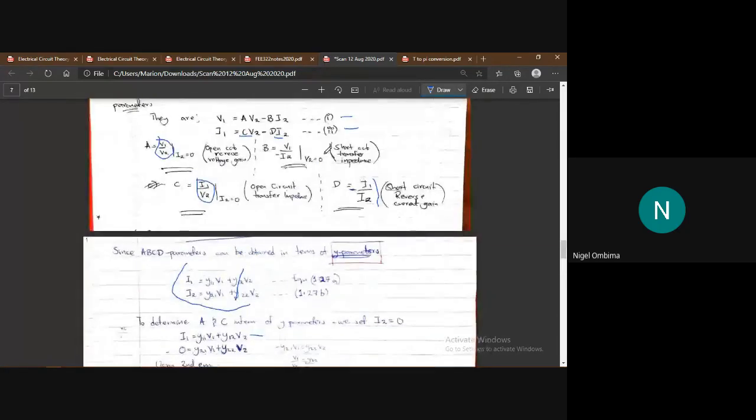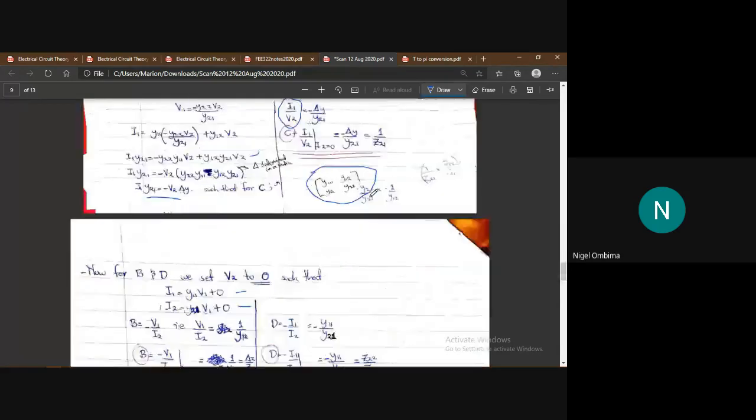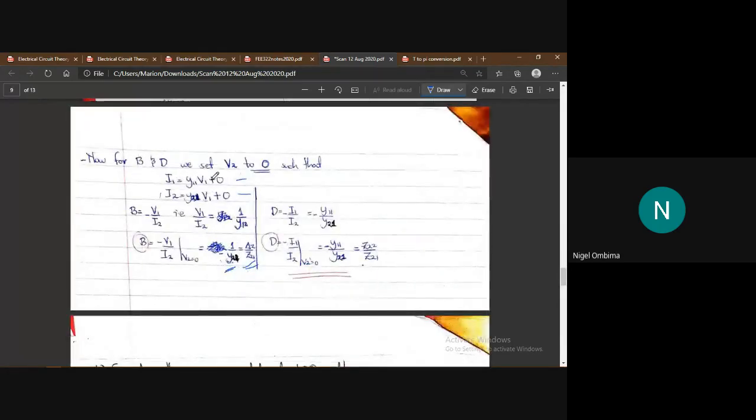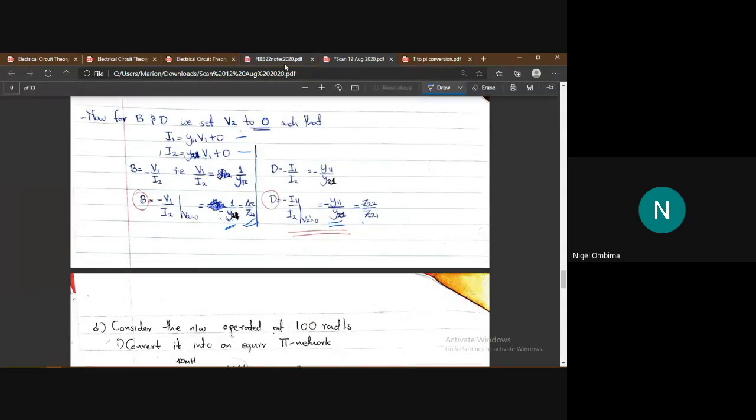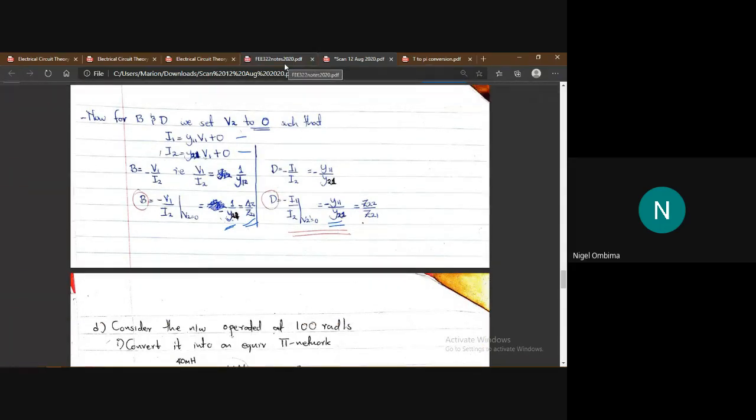Remember, when you start writing, you can write just this to guide you. We take equation over equation; V1 and V1 cancel, but now we don't have the negative over here. Because in the parent equation it was introduced, we also introduce it here in the Y11 over Y21, and that gives us the ABCD parameters in terms of the Y parameters. Yeah, I guess vice versa.